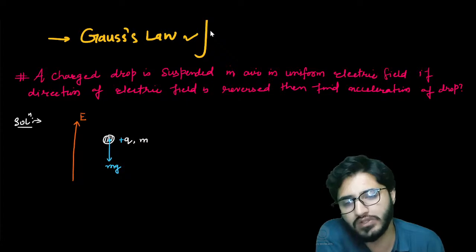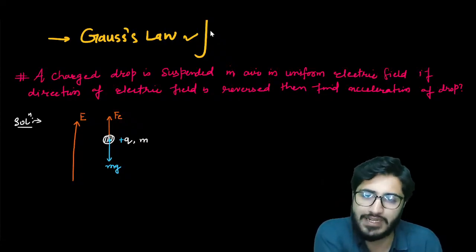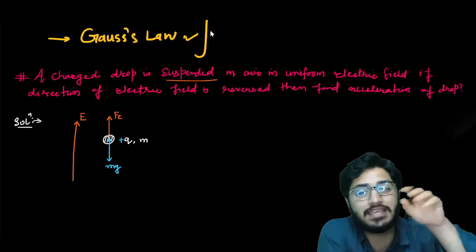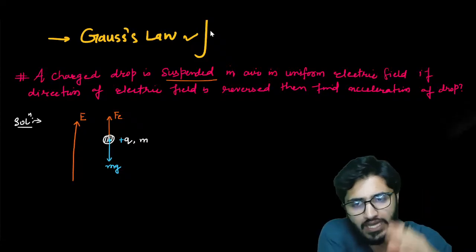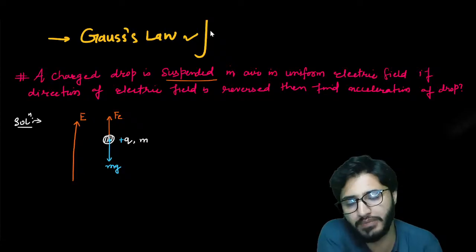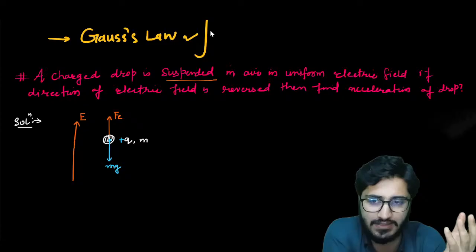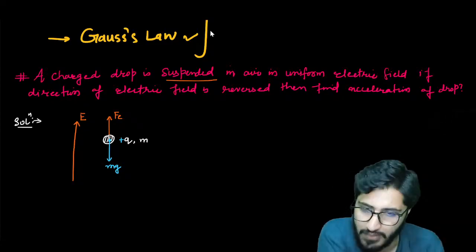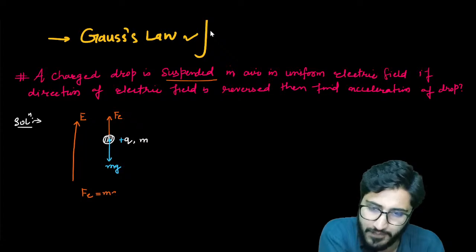Due to this electric field, the particle will feel an electric force. But here is a condition: it is suspended in air. Suspended means it is hanging in air, not going downwards or upwards. So the forces must be balanced. Can I write my force Fe should be equal to mg.